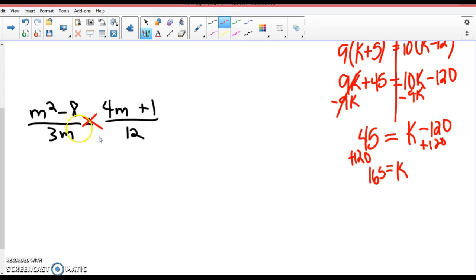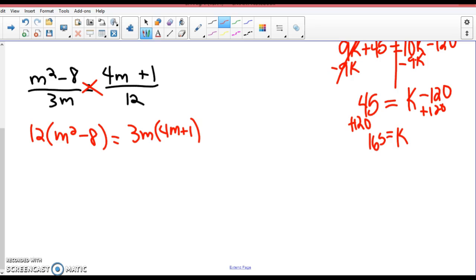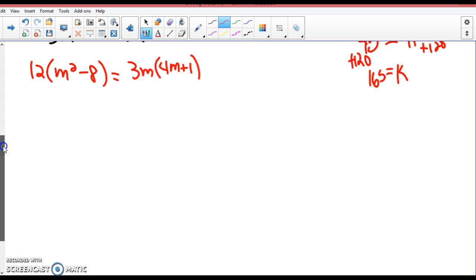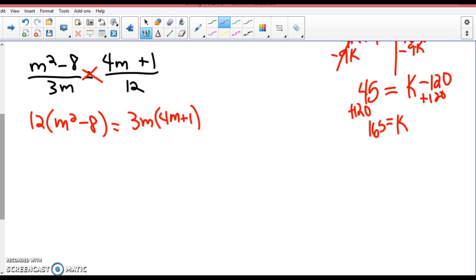Look, when I cross multiply here, I'm going to have 12 times the quantity m squared minus 8. Make sure if you are multiplying by a sum or a difference, plus or minus, that you put it in parentheses. Equals 3m times the quantity 4m plus 1. Not only is this a good lesson on proportions, it's also a great lesson on reviewing solving equations, which is what today is all about.